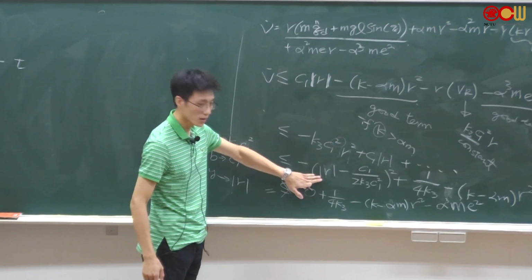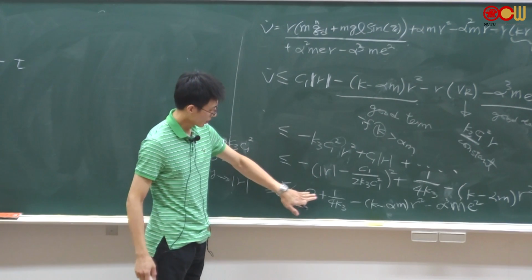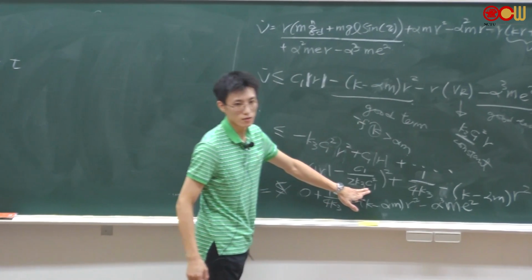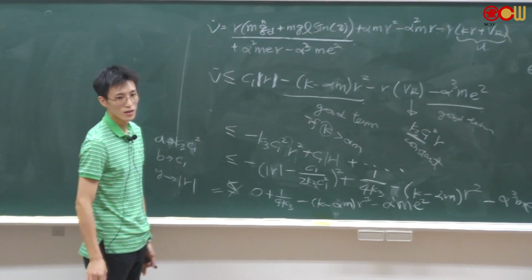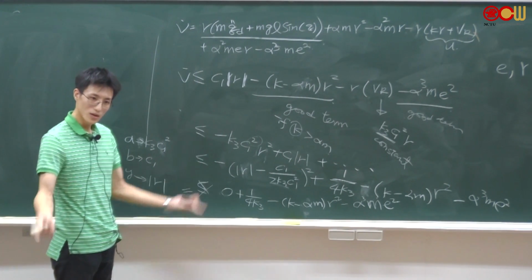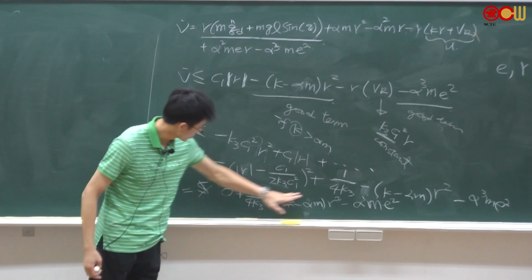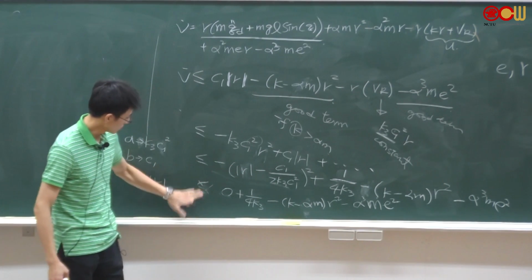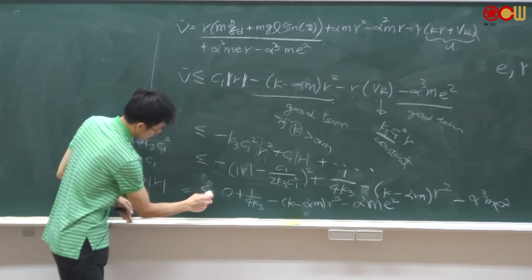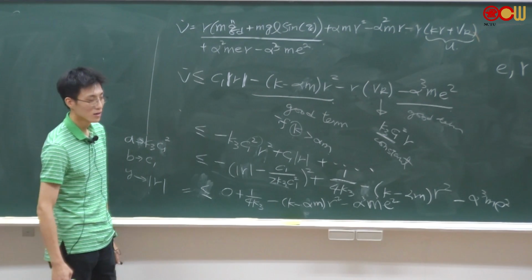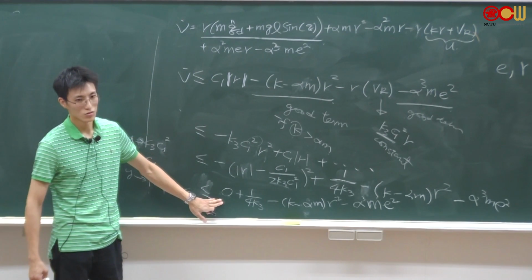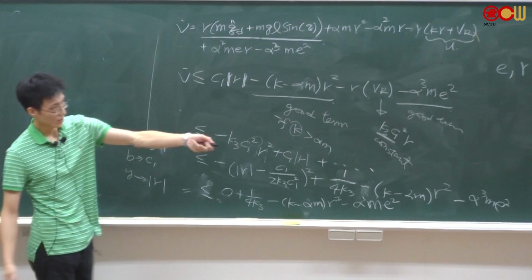This term is an upper bound. Can zero upper bound something that's negative? Can zero upper bound anything negative? So this can be upper bounded by zero, because here it's not an equal sign, it's an upper bound. Okay, and you can drop the zero, you don't need to write it. So it becomes that.